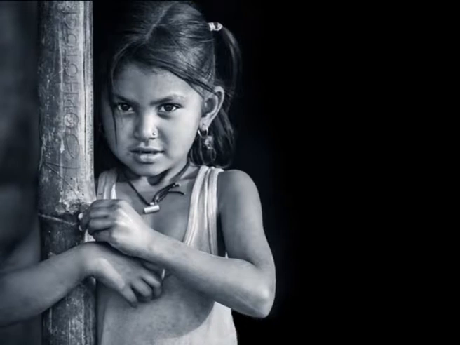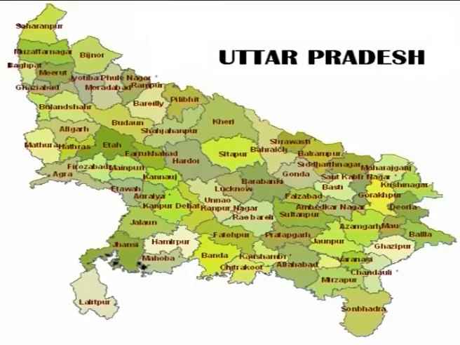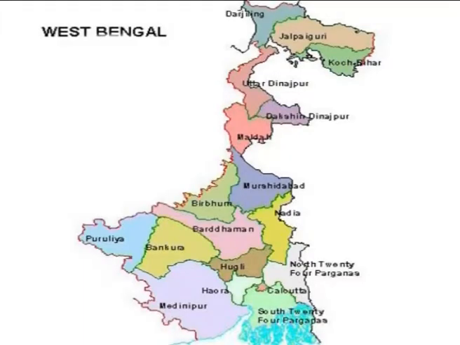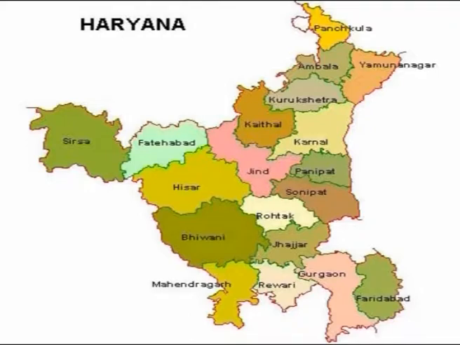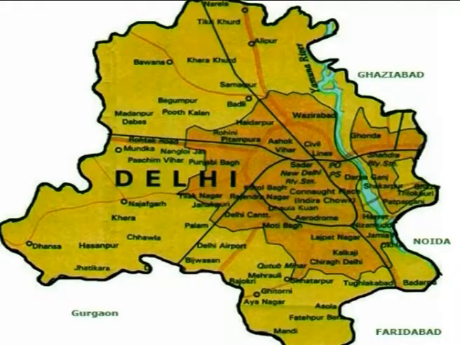There are 254 districts in the country which have a density of more than 400 persons per square kilometer. These districts are found in 3 clusters. The first cluster spreads over large parts of Uttar Pradesh, Bihar and West Bengal, and adjoining districts of Haryana, Punjab and Delhi.